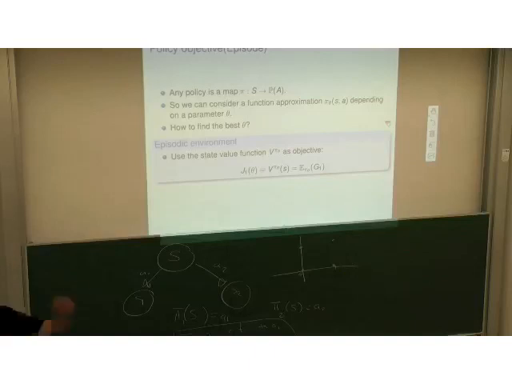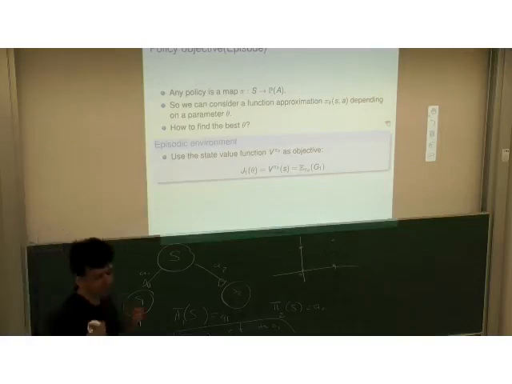I have to find all paths from A to B, compute the length of each path, and then find the one that has the shortest length, right? Then the objective function in this problem would be the length of the path from A to B. So you assign to each path a length, and your job is to find the one that has the shortest length. So always in an optimization problem, you have this concept of what's called an objective function.